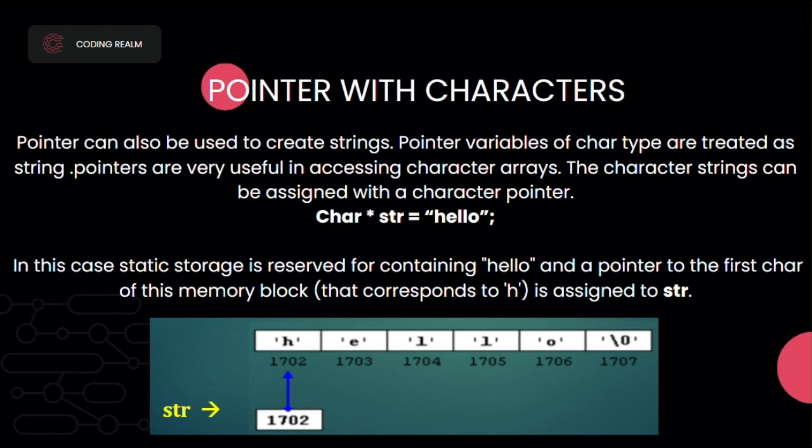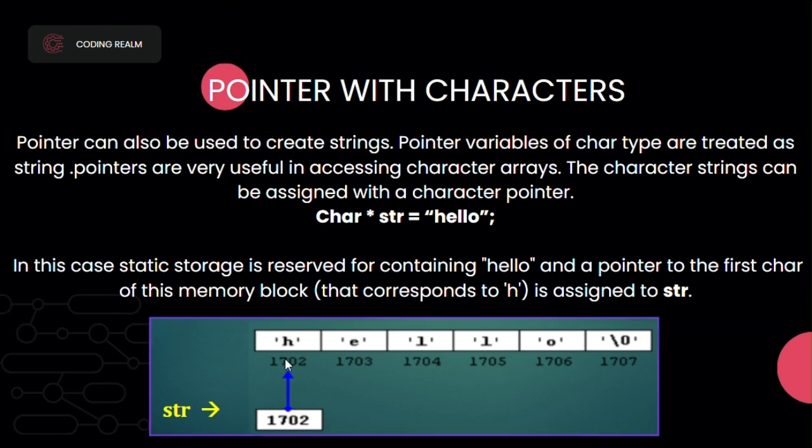Pointers are very useful in accessing character arrays. The character strings can be assigned with a character pointer: char *str = "hello". In this case, static storage is reserved for containing hello, and a pointer to the first character of this memory block, which corresponds to H, is assigned to str.